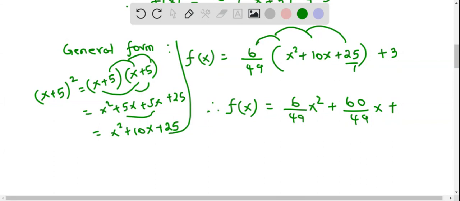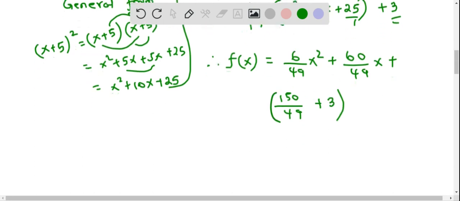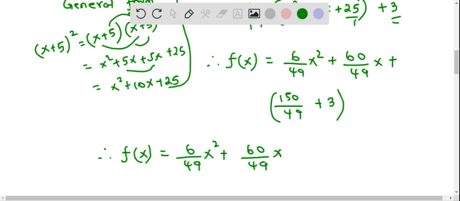So we multiply 6 with 25, which is 150 over 49. Then we have plus 3. So we can combine these because these two are numbers.